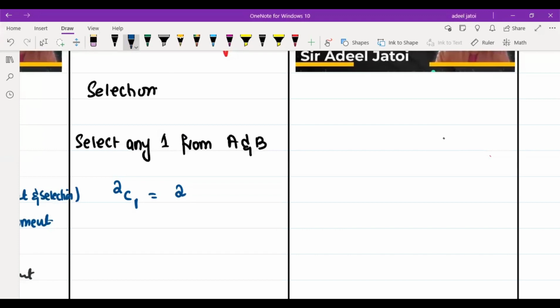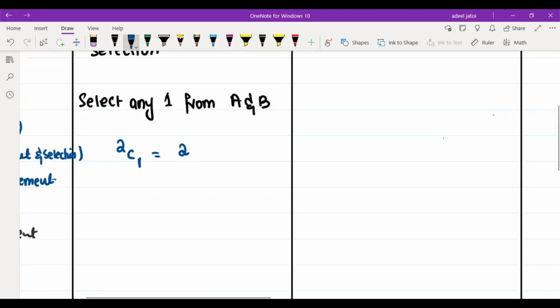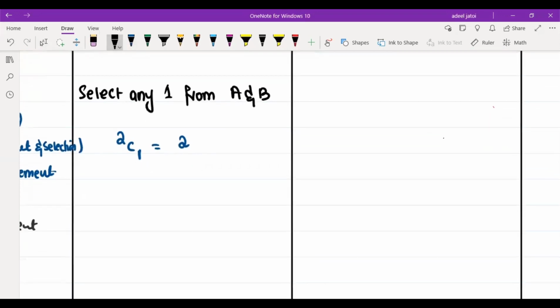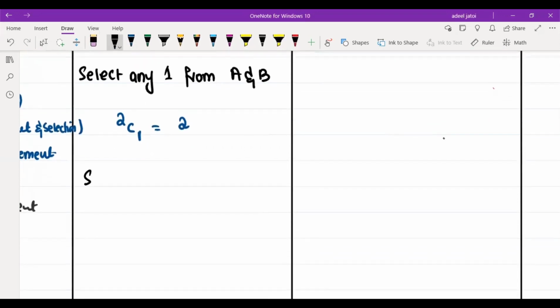Why do we have directly 2 as a number? Because you are selecting only one alphabet. Like for suppose if the question says select A and B both, select both letters.